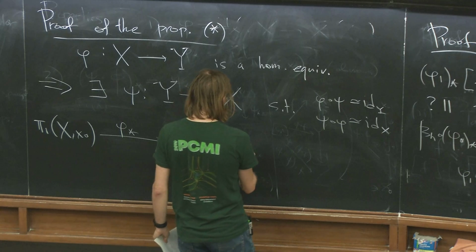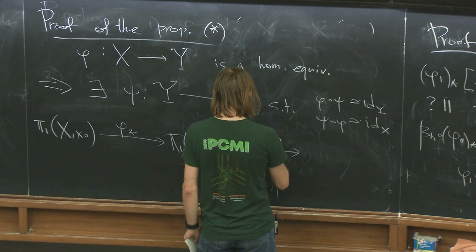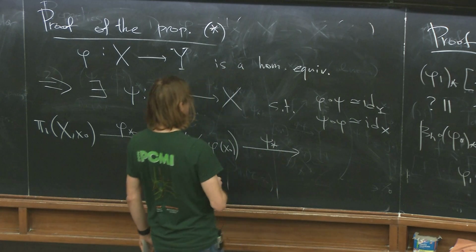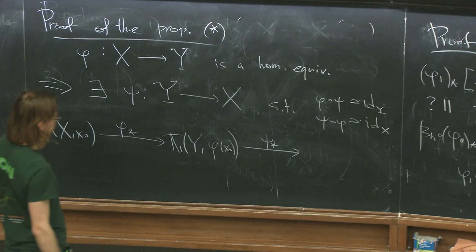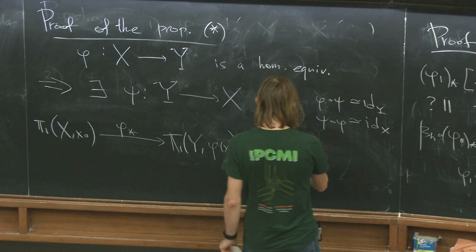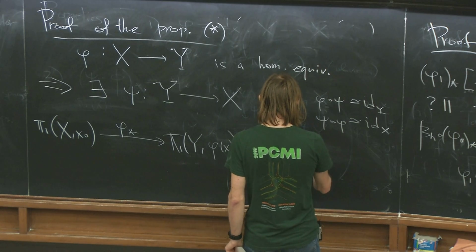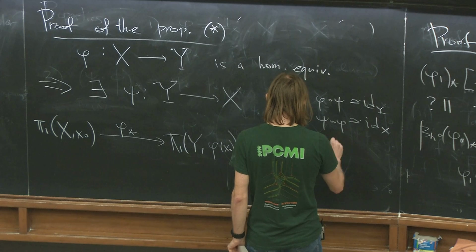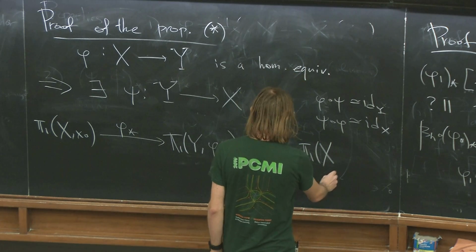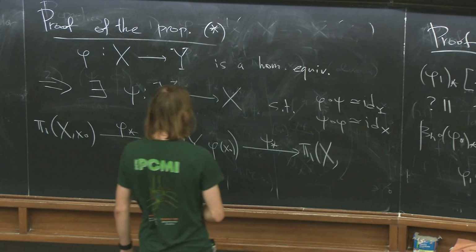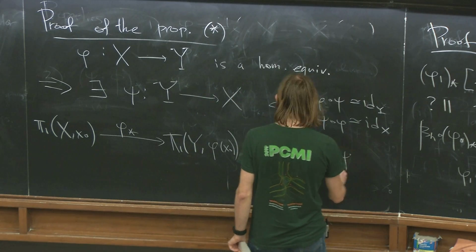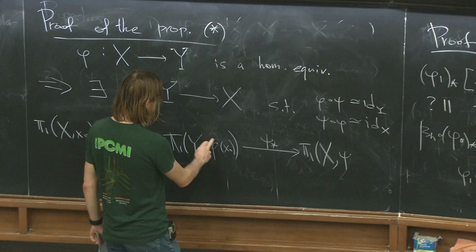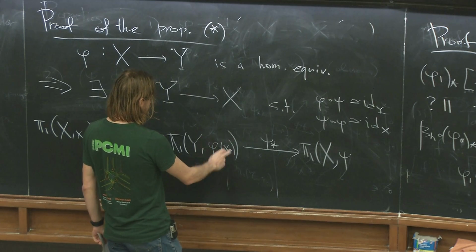Then we apply the push forward of psi. This gets us back to pi 1 of x. However, the base point will be different, because we obtain it by evaluating psi on this.